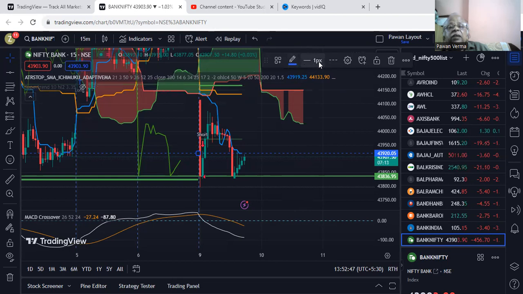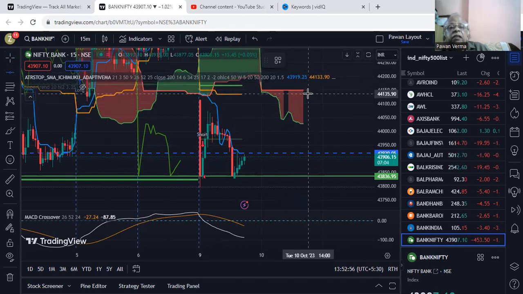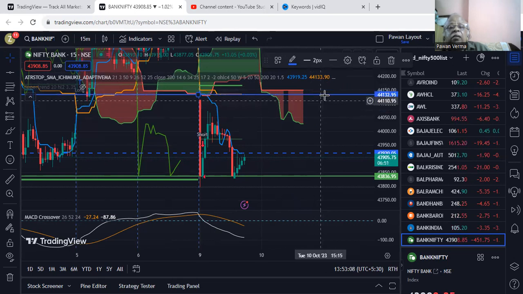So the target here is specified as per the 15-minute chart analysis that we are doing right now. The target is 44,133.90.